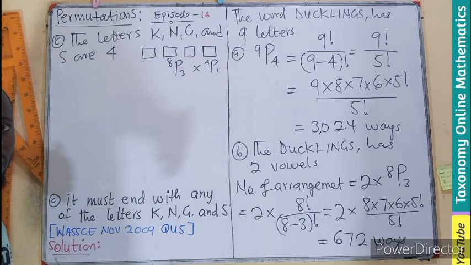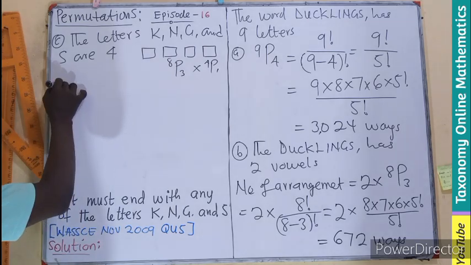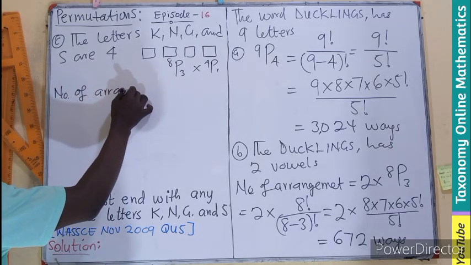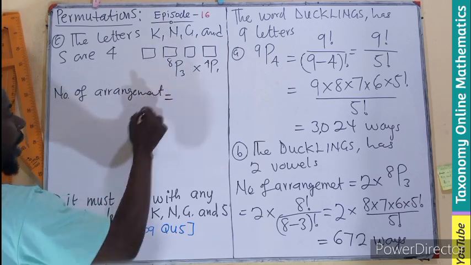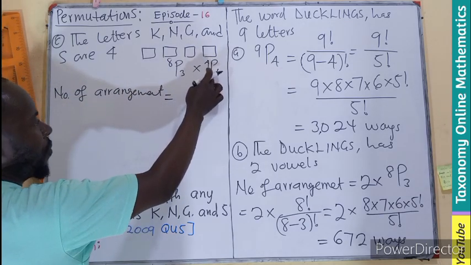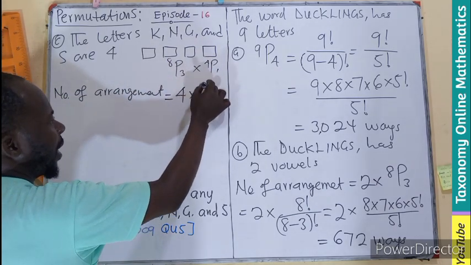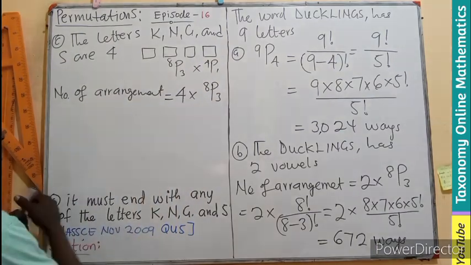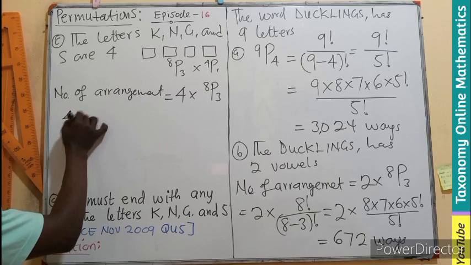So the number of arrangements becomes 4 times 8 permutation 3.